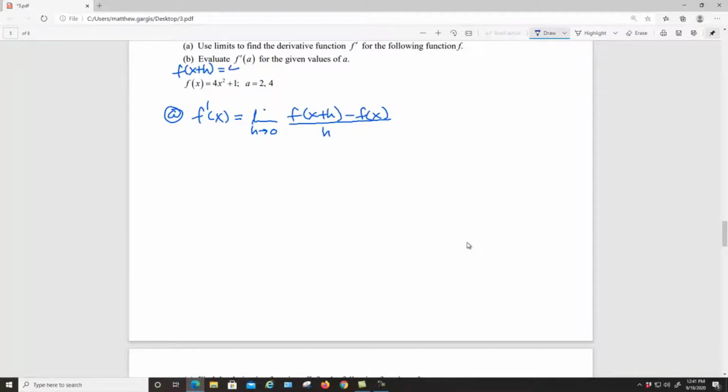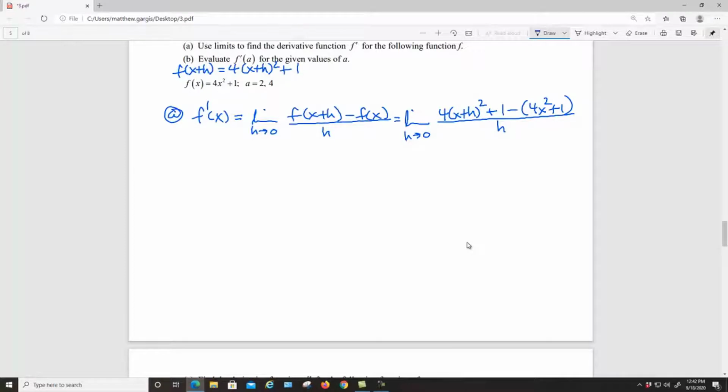Well, that's going to be x plus h in the place of x. So this would go right there where f of x plus h is. This would go where f of x is. I'm going to go ahead and just write those in. So I'll have 4 times (x plus h) squared plus 1 minus, I need to use parentheses, (4x squared plus 1), all divided by h.